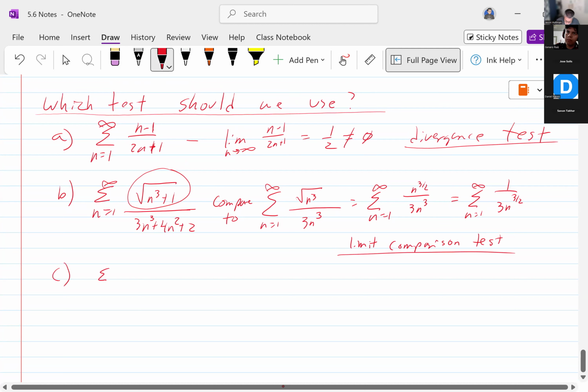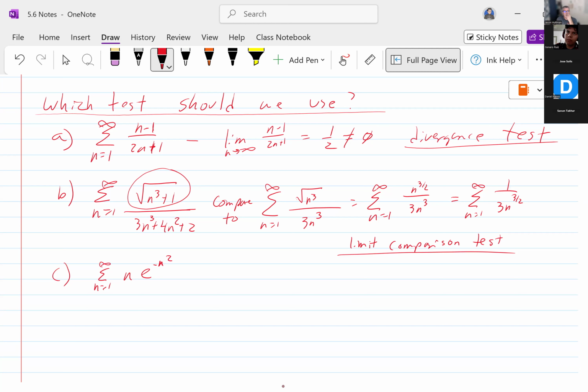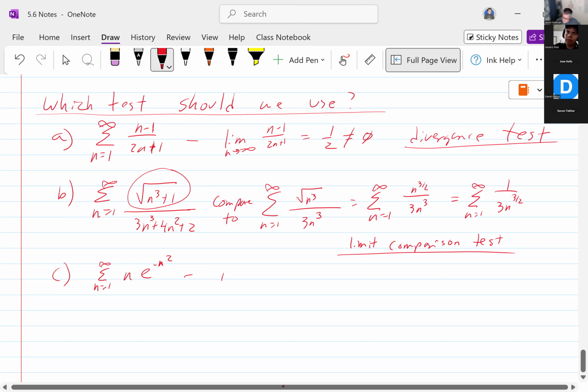C, summation of n equals 1 to infinity of n times e to the negative n squared. What could I use here that would be fairly straightforward? Any ideas? And don't say the ratio test, because that's not the one that's straightforward here. Okay, it's actually the integral test.